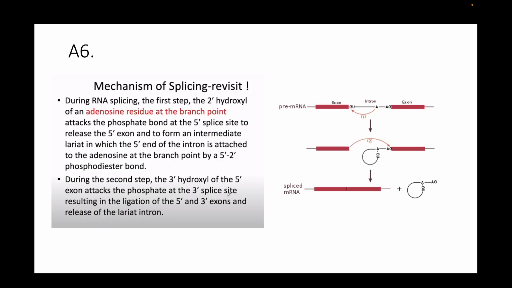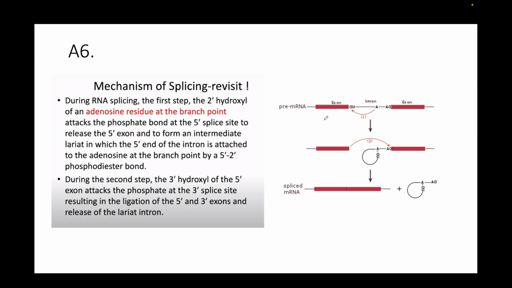So transesterification is the major reaction happening inside the splicing mechanism. I am going to discuss the splicing mechanism again. Try to focus, and if you have any questions, you can ask me.